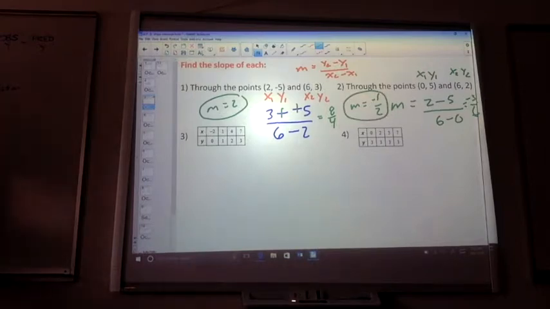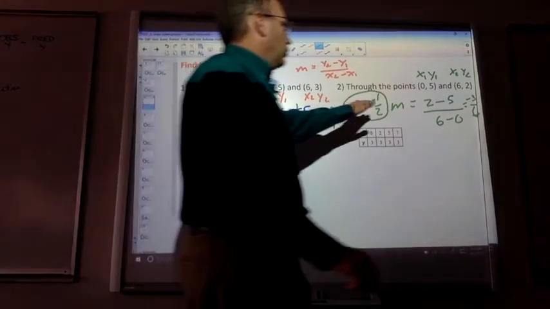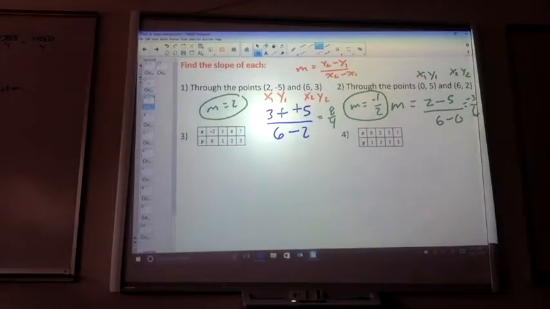For 1,000,000 points extra credit, what can you tell me about these two slopes? Are they the same or different? Is the slope of 2 and the slope of negative 1/2 the same or different? Yeah. Different. Are they reciprocals of each other? And are they flipovers of each other? Yes. Now, here's the big one. Are they negative reciprocals of each other?